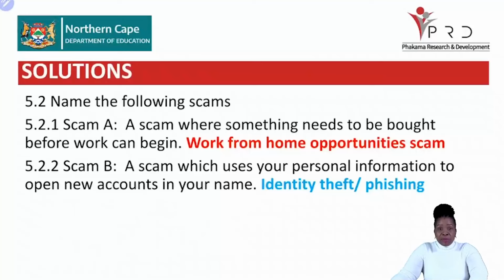Welcome back, learners. We go to our answers. Scam A is a scam where something needs to be bought before work can begin. We call that work from home opportunities. So they're called work from home opportunities scams. There are people who always advertise products and they would say you need to make a payment first before you receive that product.